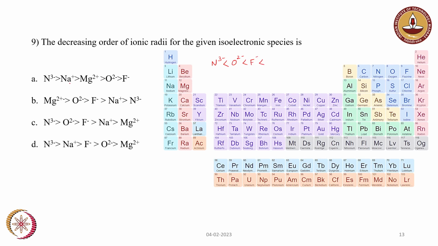So between sodium plus and magnesium 2 plus, we need to know which one is smaller. Magnesium has 2 positive charges, so it will have a lower ionic radius.